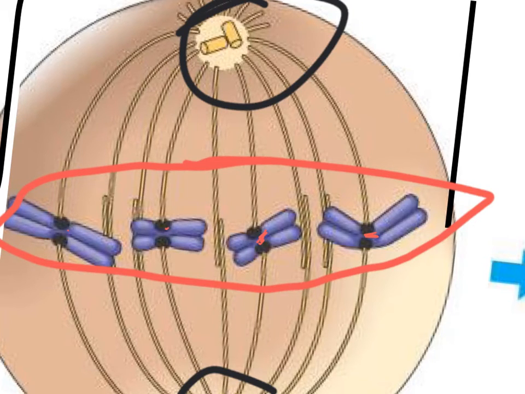These black ones are the kinetochores, and they're actually attached to the spindle fibers. And each one is attached exactly to the kinetochore on one of those chromosomes, and they're going to be pulled apart.